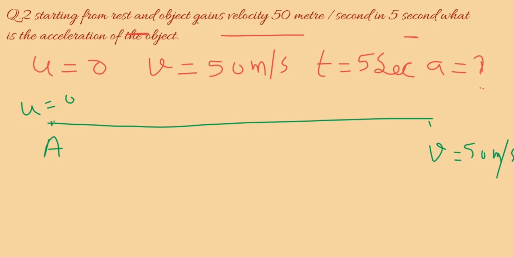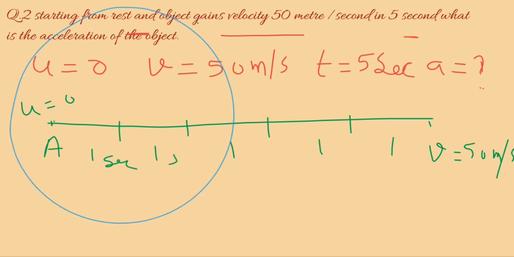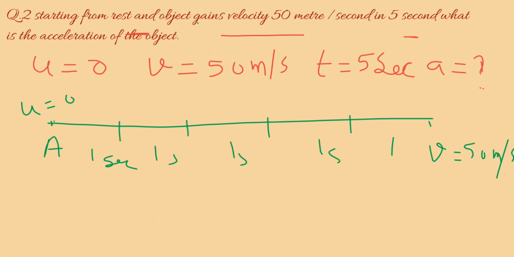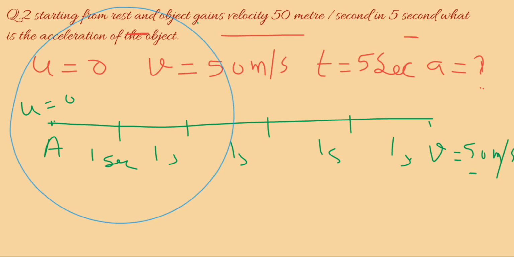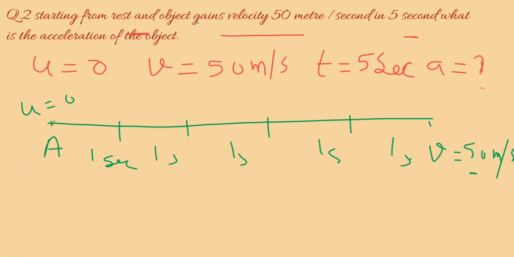Okay. Time is given, 5 seconds. So I will draw 5 segments. 1 second, 1 more second, 1 second, 1 more second, and 1 second. Now see, from 0 we have to gain the velocity 50 meter per second in 5 intervals. So what would the interval be? Tell me.